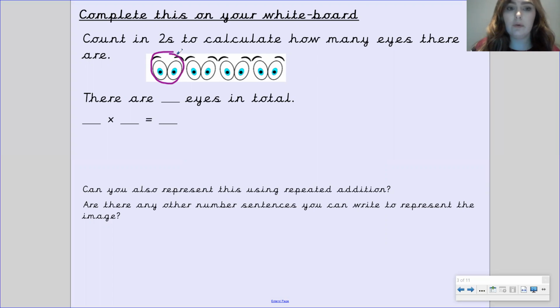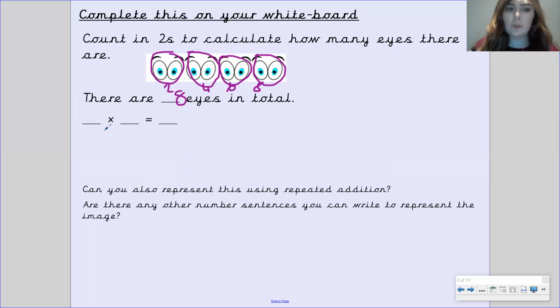So there's one group, there's another group, there's another group, and there's another group. So there are how many eyes in total? And we need to count in twos to work this out. So we've got 2, 4, 6, 8. So your answer is 8 eyes in total.